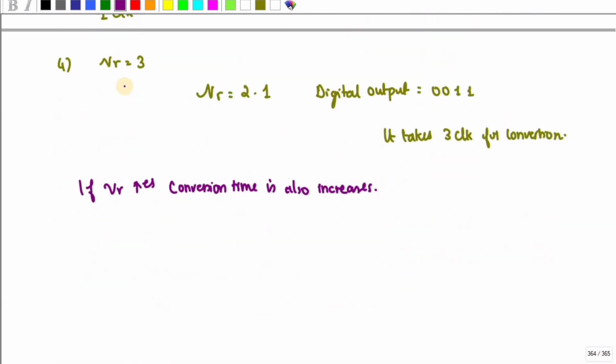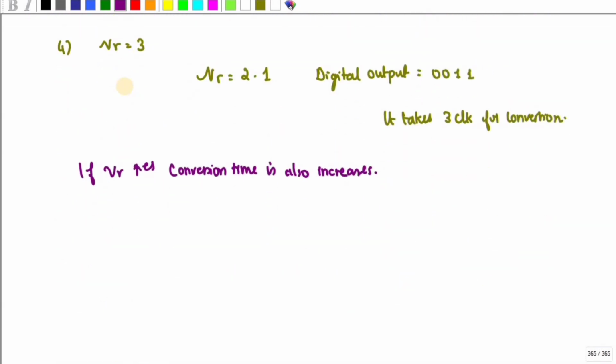So I can write the minimum conversion time. The minimum conversion time is 1 clock pulse, right? 1 clock pulse, unless you give 0. Okay, so what is the maximum conversion time?